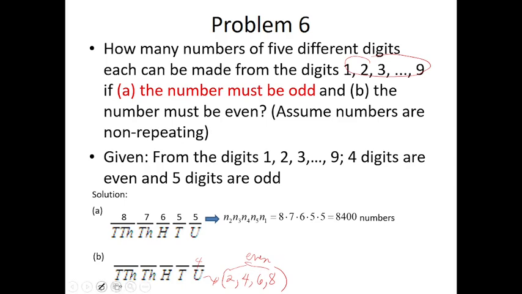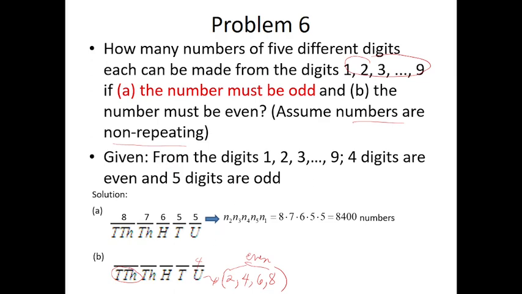Next, we shall identify now the number of possibilities for placing a number in the first digit, the 10,000s place. What are all the possibilities? If we consider the problem, assume numbers are non-repeating.